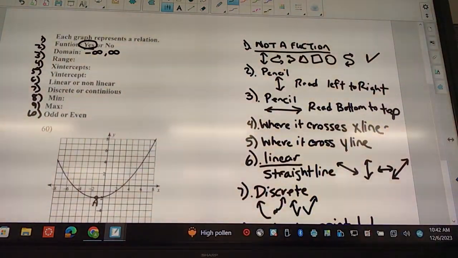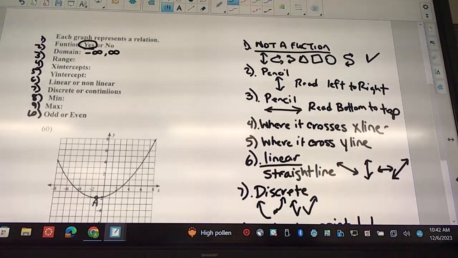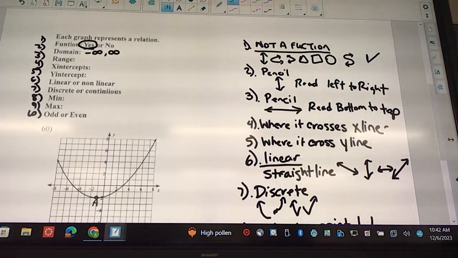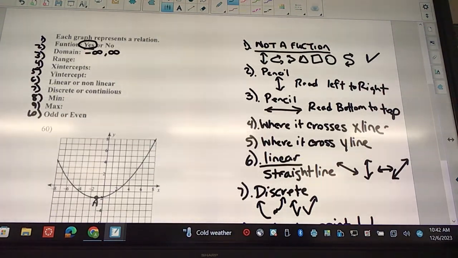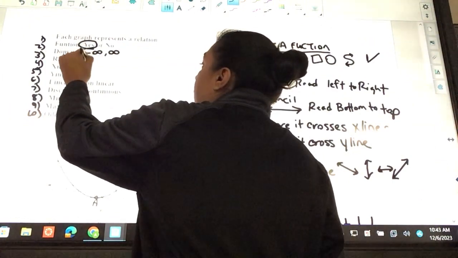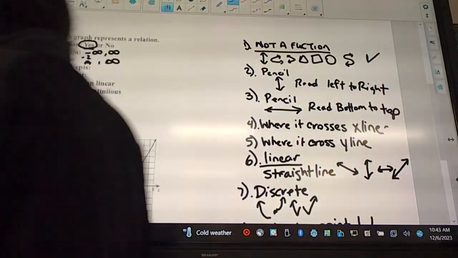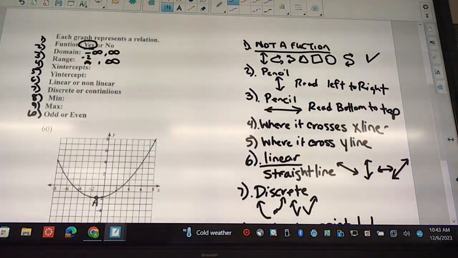The range, try again. Where does it start from the bottom? Use your pencil, turn it sideways. Negative 2, or you could put A. So negative 2 or A to infinity.